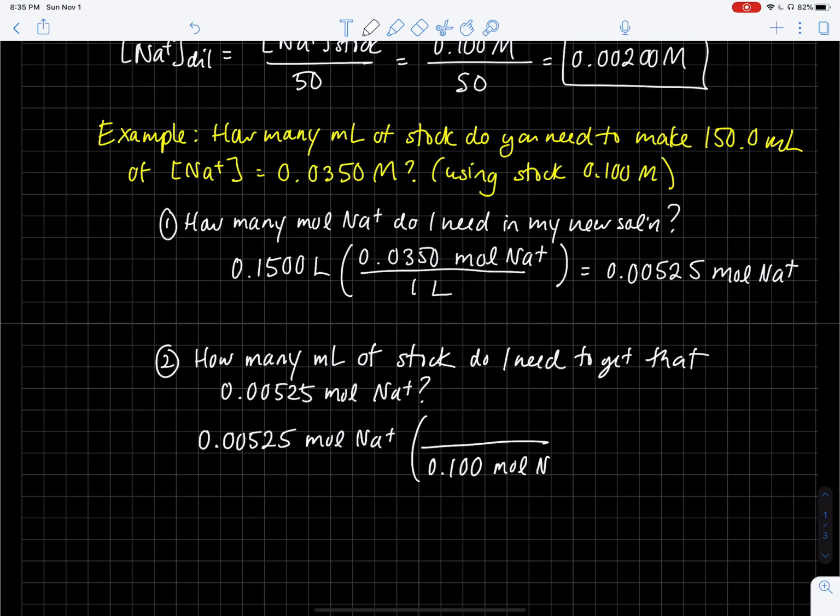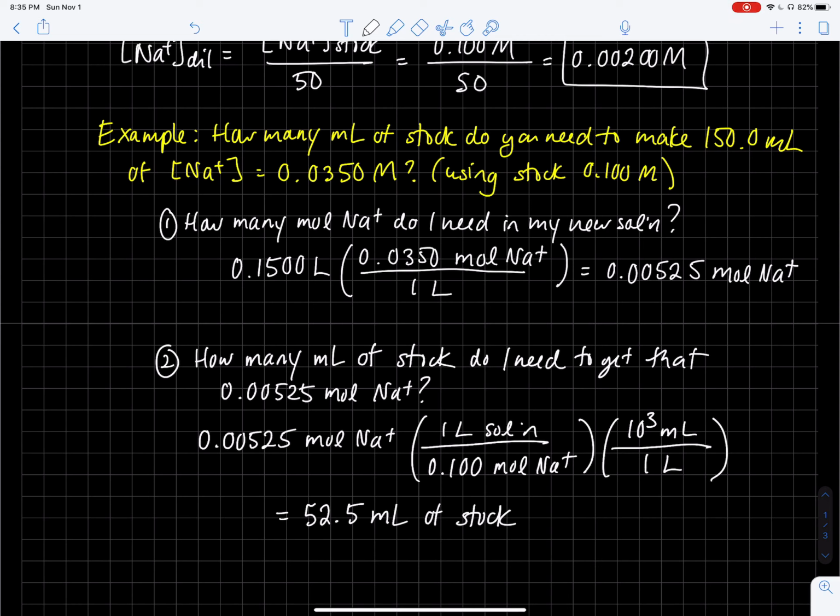My starting point is I want 0.00525 moles of sodium. My stock solution is 0.1 molar, so it is 0.100 moles of sodium per liter of solution. Then I'm going to want to change that to milliliters. When I do that, I find that I need 52.5 milliliters of the stock solution.